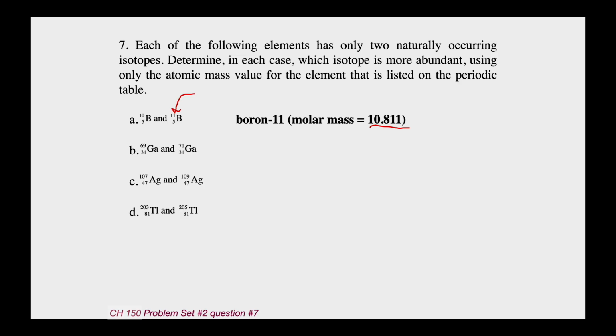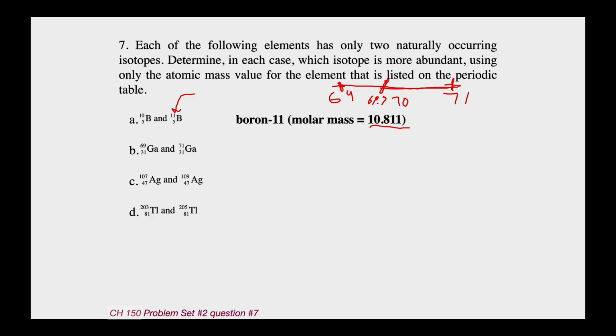So let me use another trick. 69 and 71 are on the periodic table, and 70 would be right between. So in the old days, maybe in grade school, you saw a number line, and 71 was there, and 69 was there. Well, the mass on the periodic table, which is 69.7, is right about here. It's not quite 70, and that's important for us.